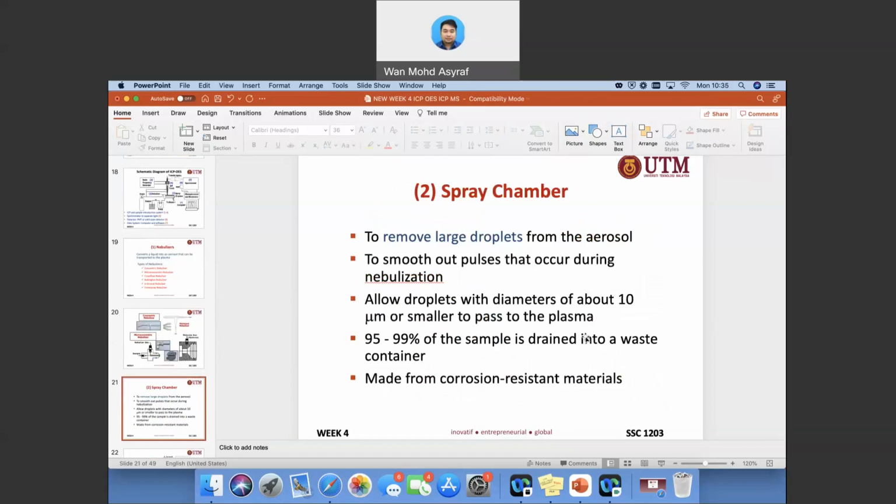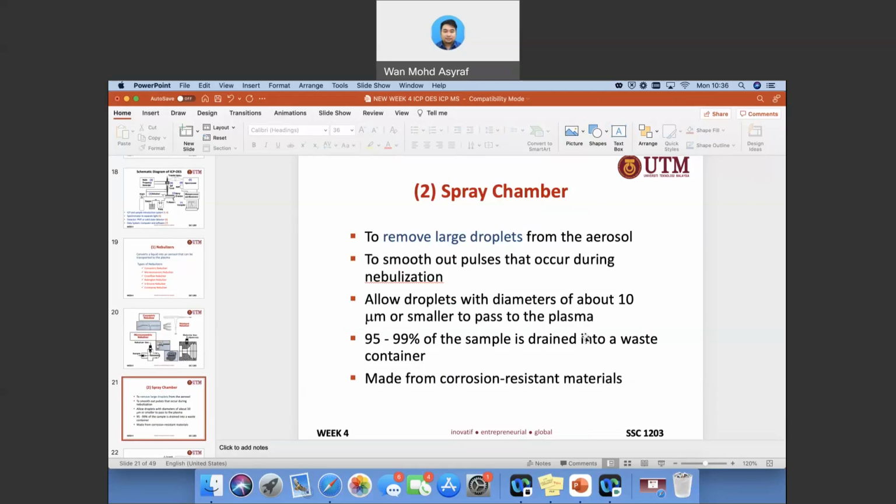All right. So the spray chamber is to remove large droplets from the aerosol. After the sample has been converted into aerosol, some of it might have large droplets. So the spray chamber removes large droplets and smooths out pulses that occur during nebulization. It allows only droplets with a diameter of about 10 micrometers or smaller to pass into the plasma.